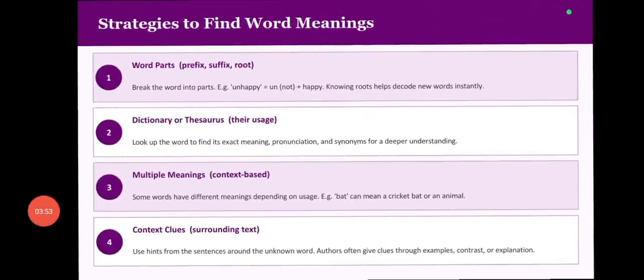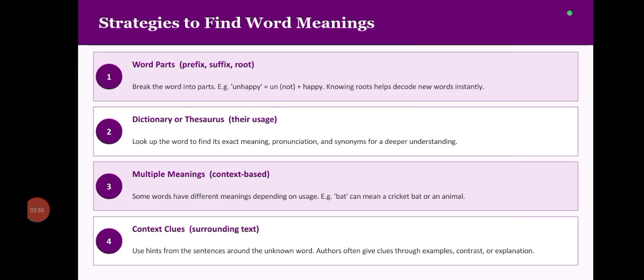Next is dictionary and thesaurus. Look up the words to find their exact meaning, pronunciation, and synonyms for a deeper understanding. Sometimes we know the synonym of the word, so we can get the same sense of the meaning, or we can go near the meaning of the word. Or from the pronunciation we can get the idea.